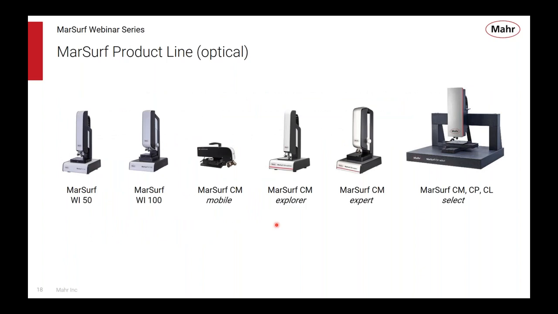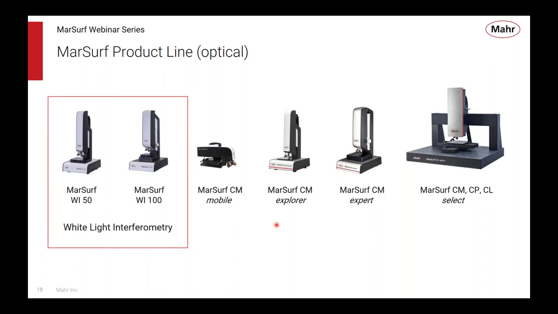So if I look at our optical products, we start out with the white light interferometers, the WI50 and WI100, and that's really a difference between a range of plus or minus 50 millimeters in the X and Y of what we can measure, or 100 millimeters in the X and Y, plus some additional range in the Z to handle what might be bigger parts.